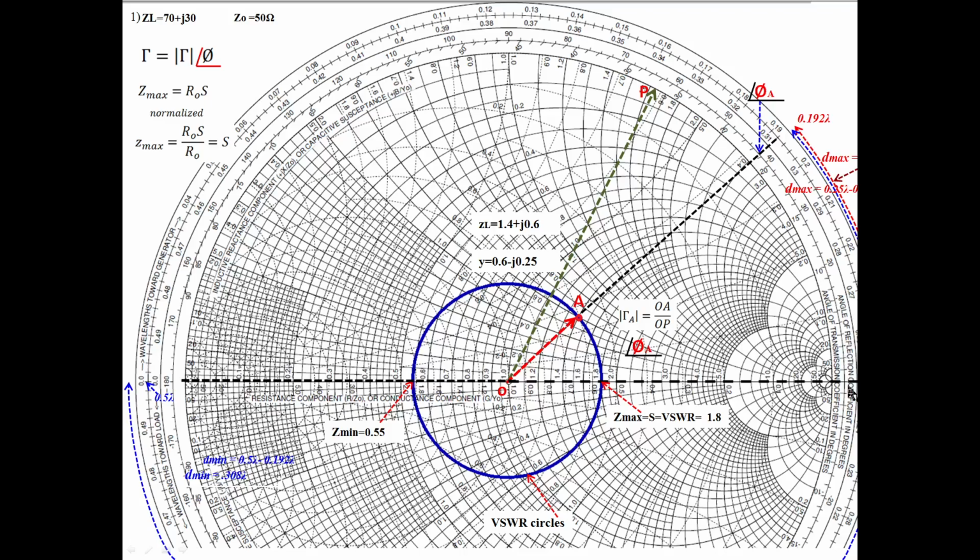The phase of the reflection coefficient is read on the reflection coefficient angle scale. Positive angle starts from 0 here, then 10, 20, 30, 40, 50 like this. We measure the angle from here. If the point is in the upper part, you start and move towards increasing values of the angle.